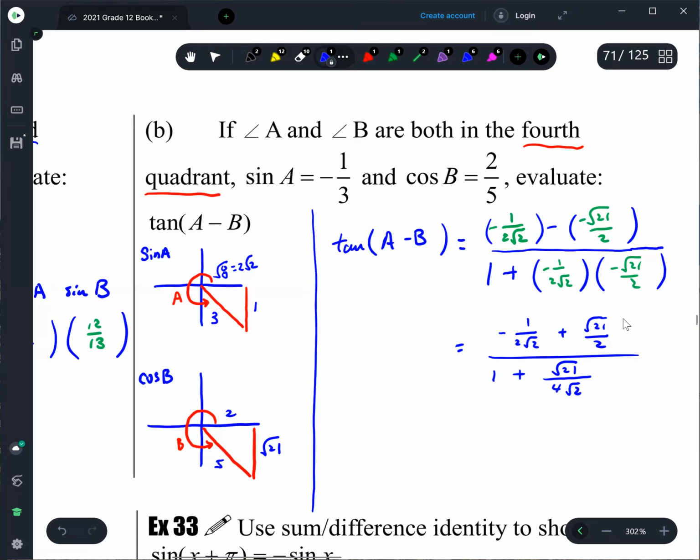Okay, can you raise your hand if you understand up to here? Okay, don't want to go too fast. Still looks complicated, right? So that's not the final answer we want to leave it in.